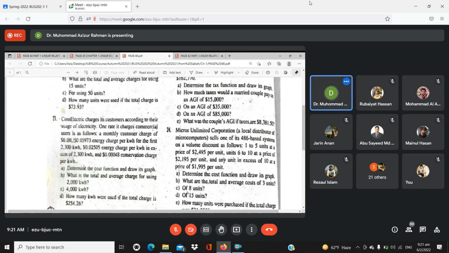Problem 21. So Com Electric charges its customers according to their usage of electricity. One rate it charges commercial users is as follows: a monthly customer charge of $6, and this much per kilowatt hour for the first block, and this much energy charge per kilowatt hour in excess of that, and this much is the conservation charge per kilowatt hour.